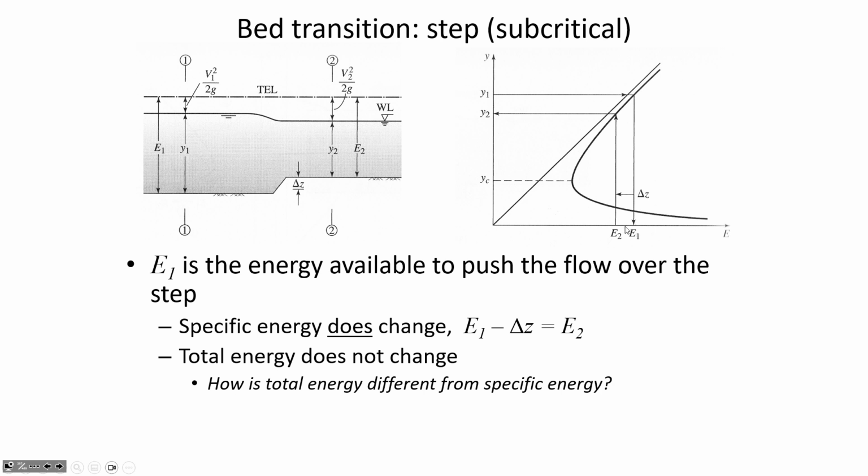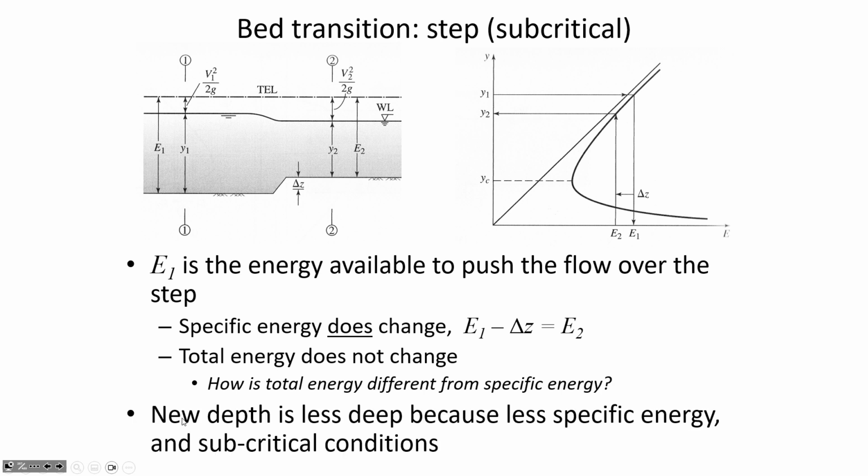Delta Z reduces the specific energy here at location 2, and then we go back up, and there are 2 crossing points on the figure. If conditions were subcritical before, then we use the upper of those 2 crossing points. Those are the alternate depths: the subcritical alternate depth and the supercritical alternate depth. Since we were subcritical at 1, we will be subcritical at 2, and then reflecting off of that curve over to the y-axis, we find y2.